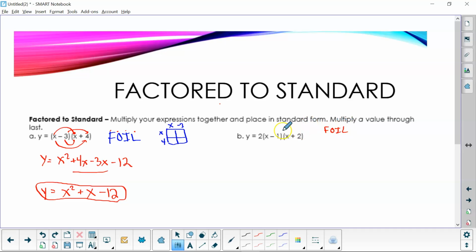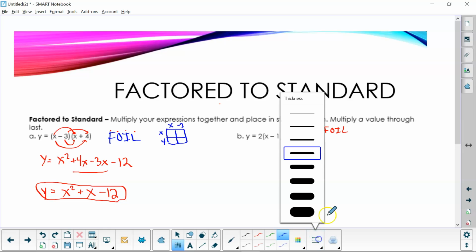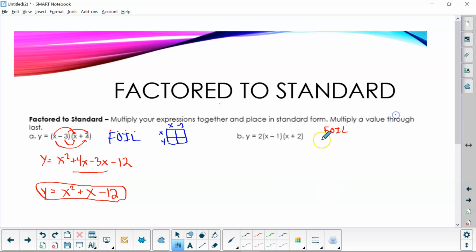Get rid of the parentheses first. So I'm doing first times first, and remember I'm going to have, let me go ahead and write my y equals 2 here, because I'm going to have to deal with that 2 in a minute. X times x is x squared. That's my first. Outer times outer.